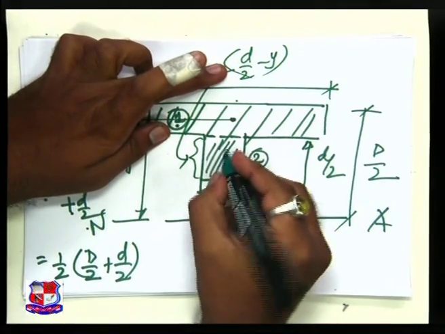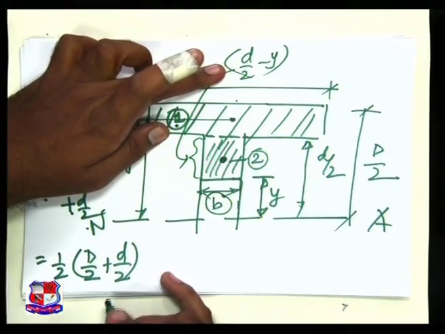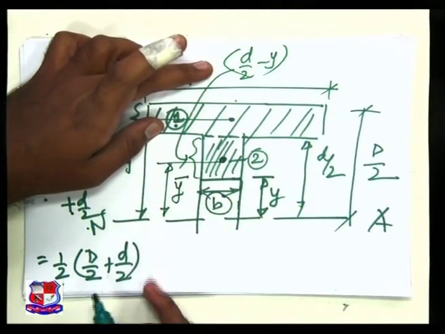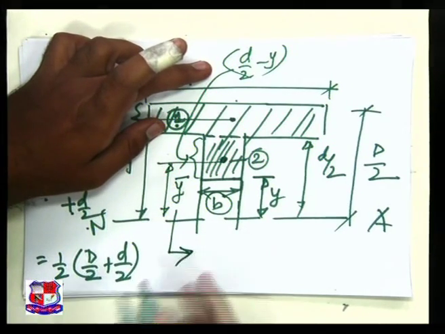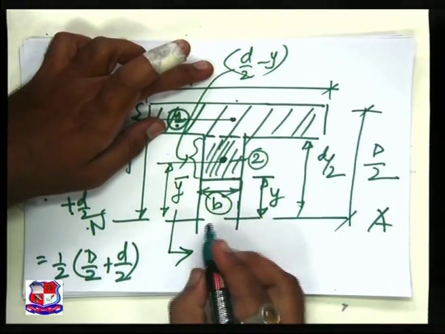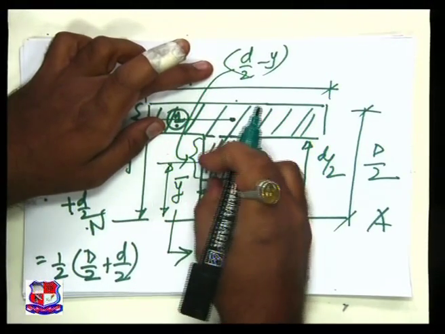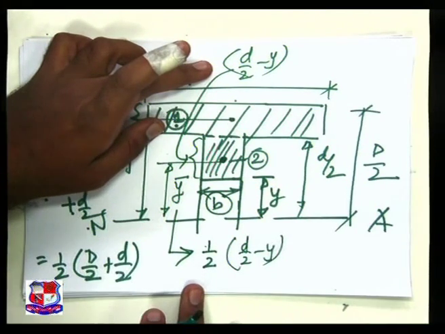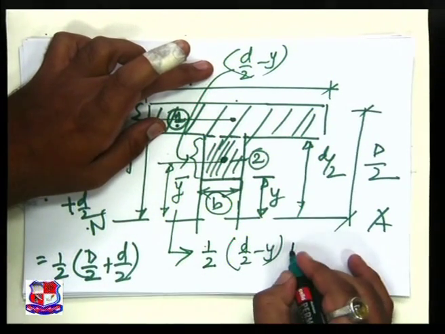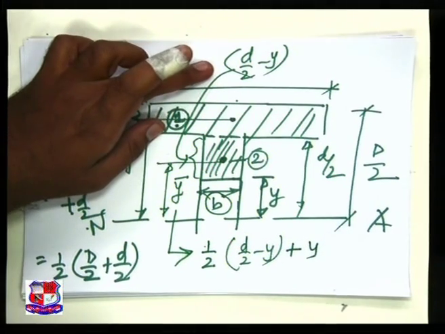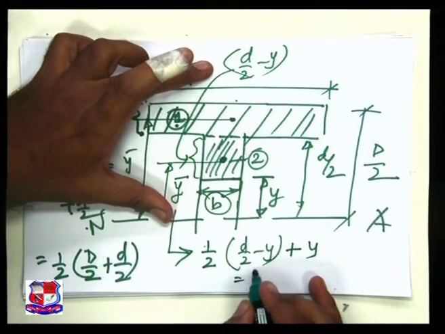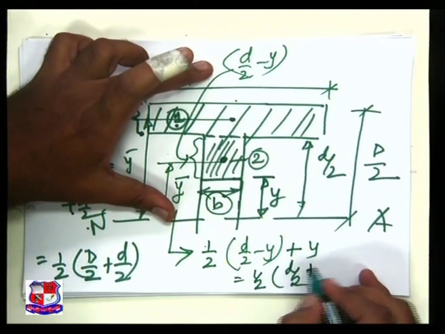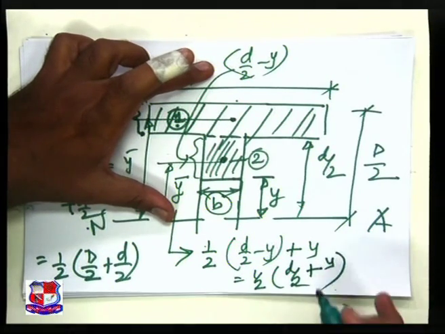Now the CG is available over here. For this part, this is my y bar. This y bar is equal to half of the depth, it is d by 2 minus y, and half of that plus y, and if you simplify this one, you achieve half of d by 2 plus y.